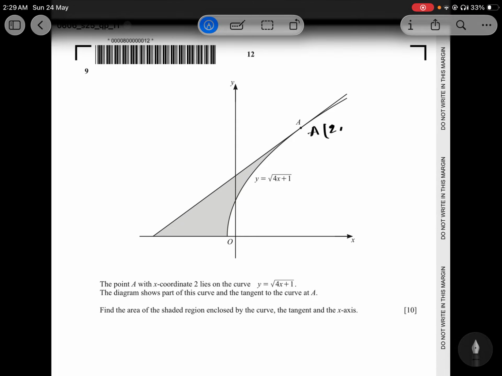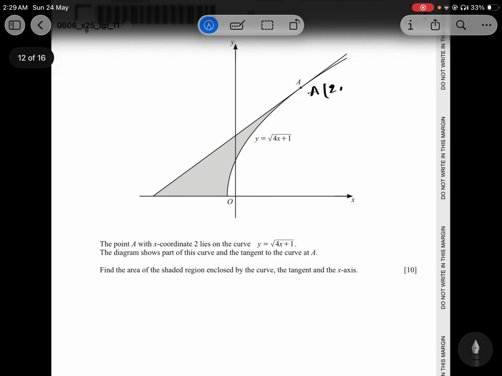Nice. Okay, if the line is a tangent at A on the curve, at first I need to find out that line. Then line minus curve and the touching point. That should be enough information for me.